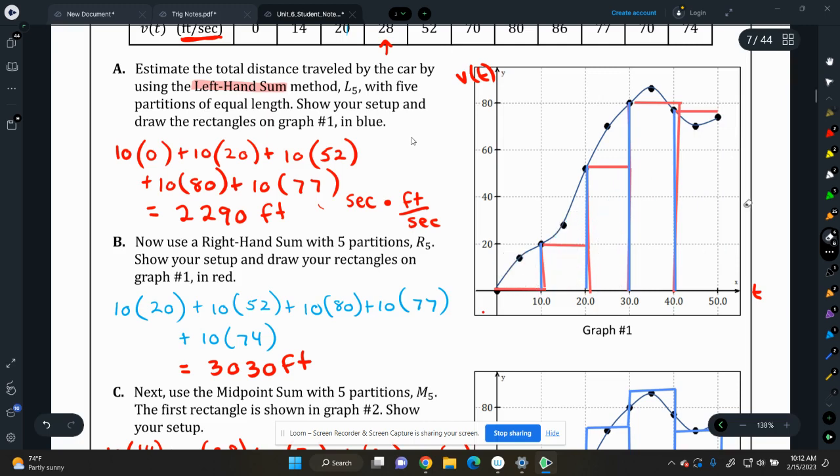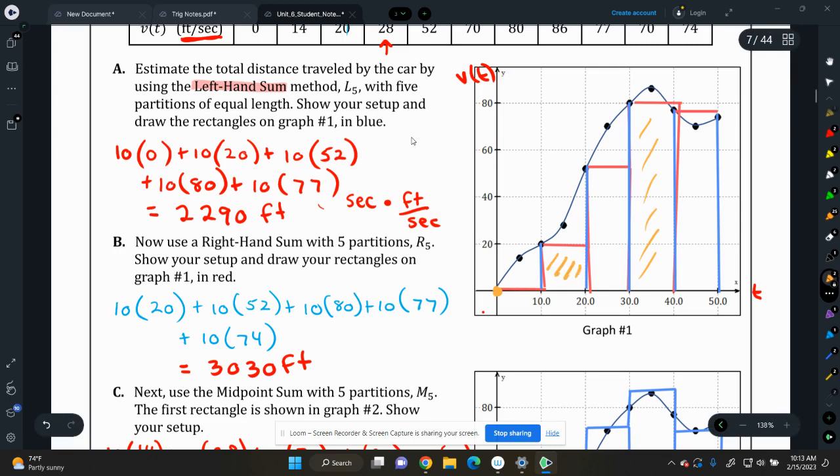Okay, there's my left one. So when you're using the left one, if you're talking about this rectangle right here, on the left side we would be using the t value of 30 to find the y value, to find the height. So what it's doing is telling us which t value we're using to find the height. So here we're using 0.